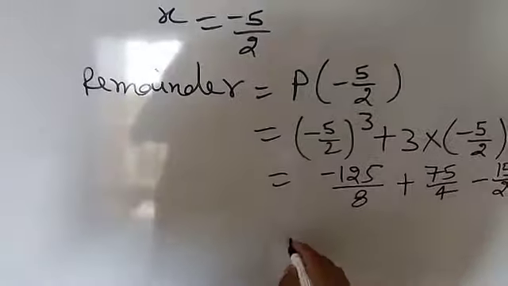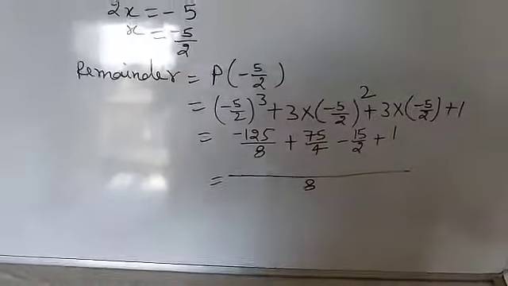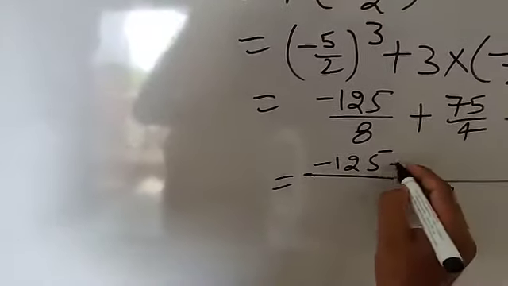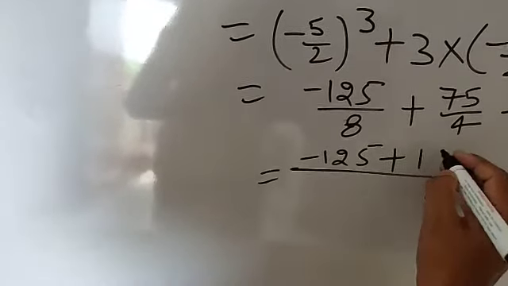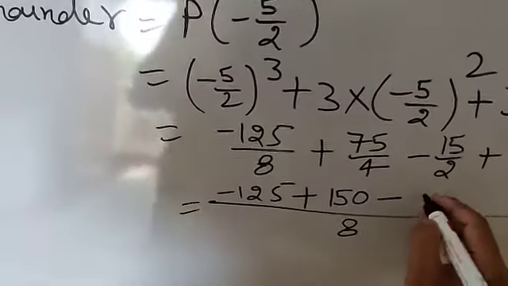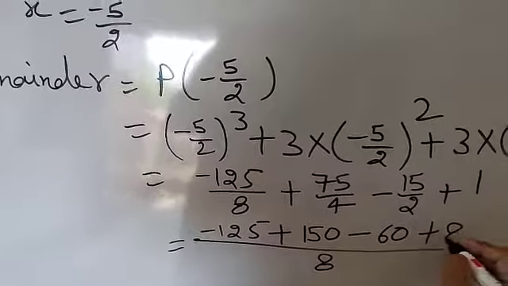Now take the LCM here. The LCM will be 8. So it will be minus 125, plus 4 twos are 8 and 75 into 2, that will be 150, minus 2 fours are 8, 15 into 4 is 60, minus 60 and plus 8.